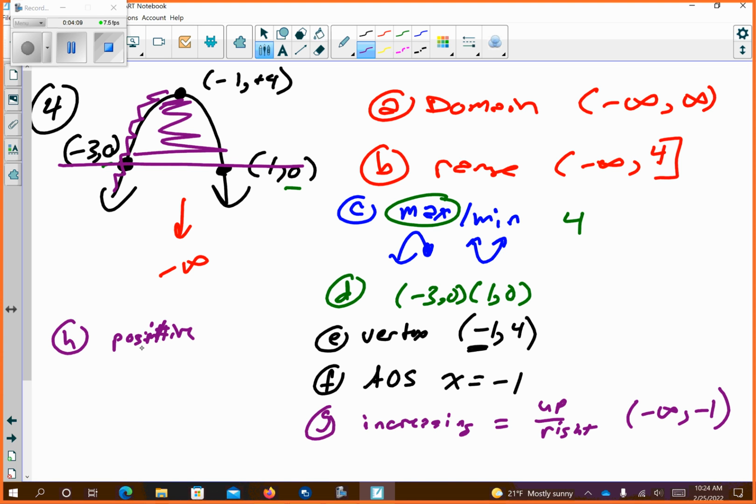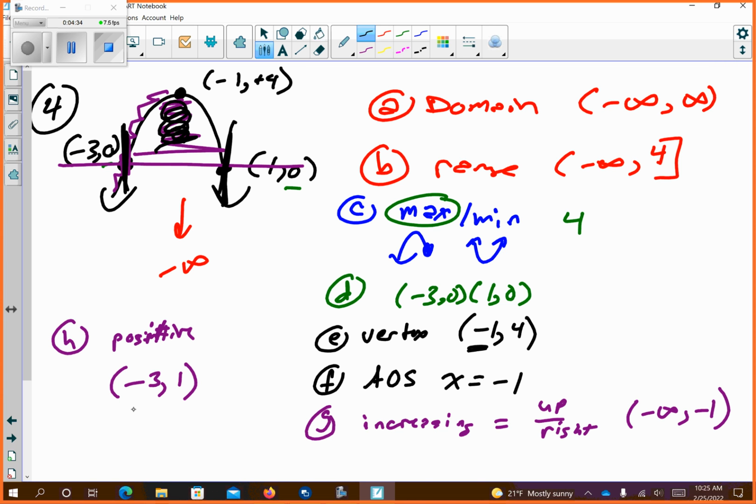So it is positive from -3 to 1. Notice I didn't have any infinities on that one. If the parabola opened upward, that's where you incorporate the infinities. But we're going from this point exactly right here, to this point exactly right here. That region in between is where it's positive.